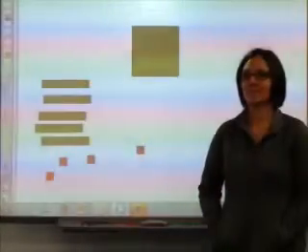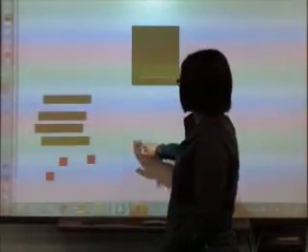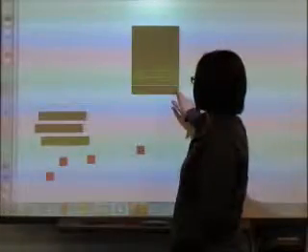What did you start off with? Which tile did you position first? The big one, okay. And then what did you do with the rods? Did you just start guessing and checking, put a rod here, put a rod here?